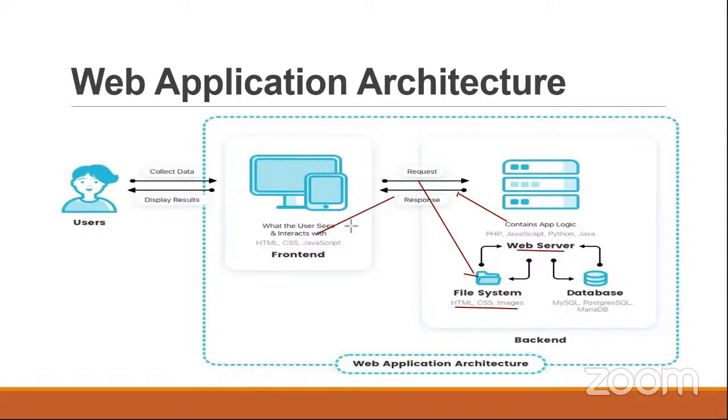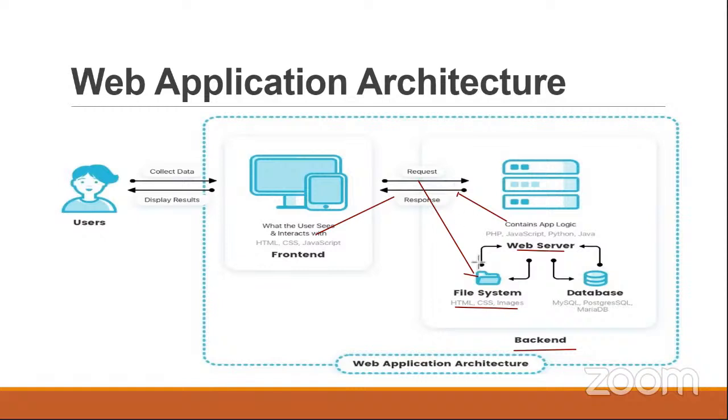Hope it's clear. So this is the back-end operation, which takes care of this. But as front end, the user requirement is just requesting the resource. Depending on the data requested by the user through the presentation layer, the request will be sent to the file system.